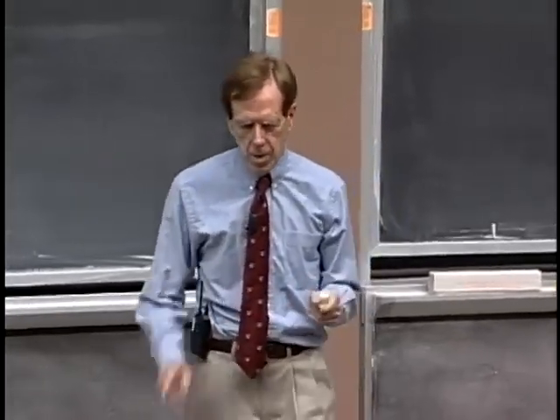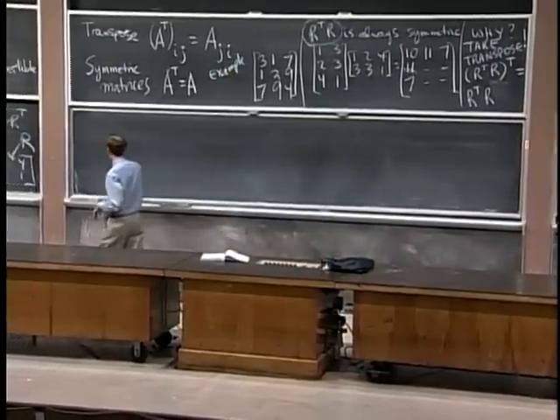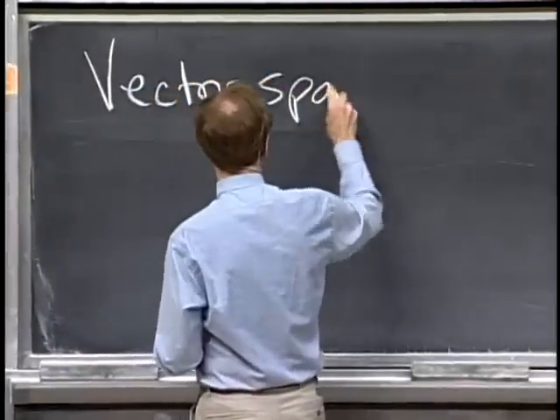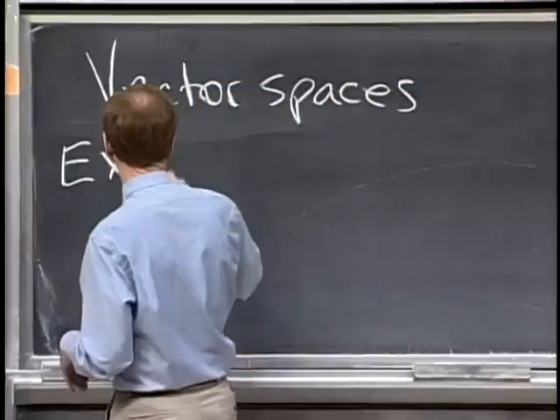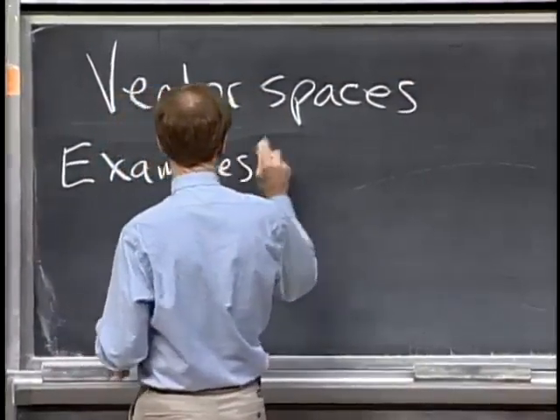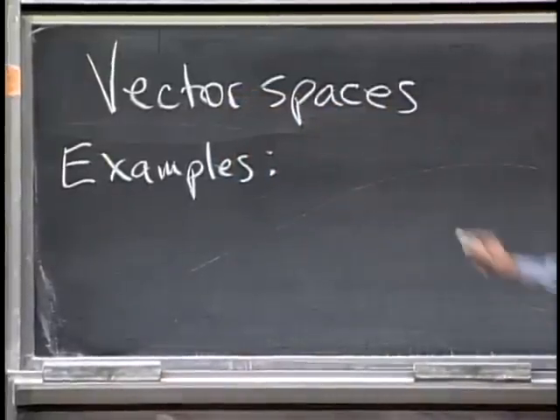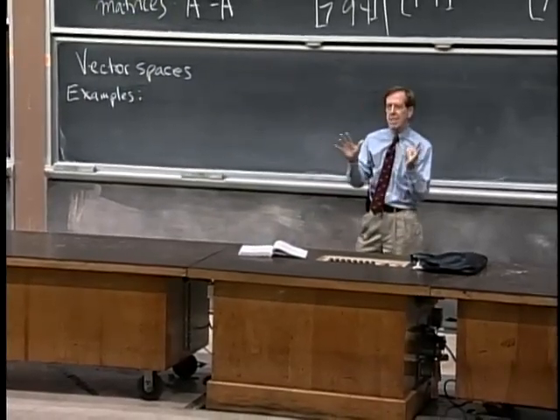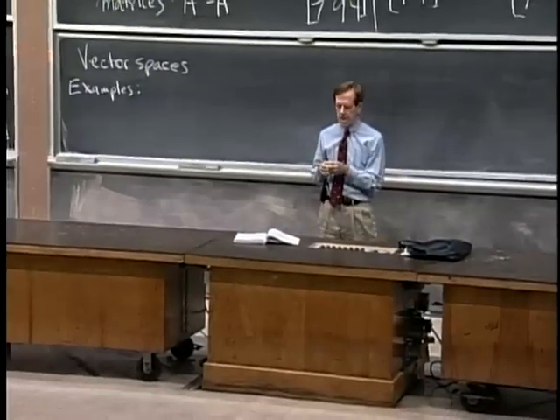Okay, so let me start with examples. So I'm talking now about vector spaces, and I'm going to start with examples. Let me say again what this word space means. When I say that word space, that means to me that I've got a bunch of vectors, a space of vectors.